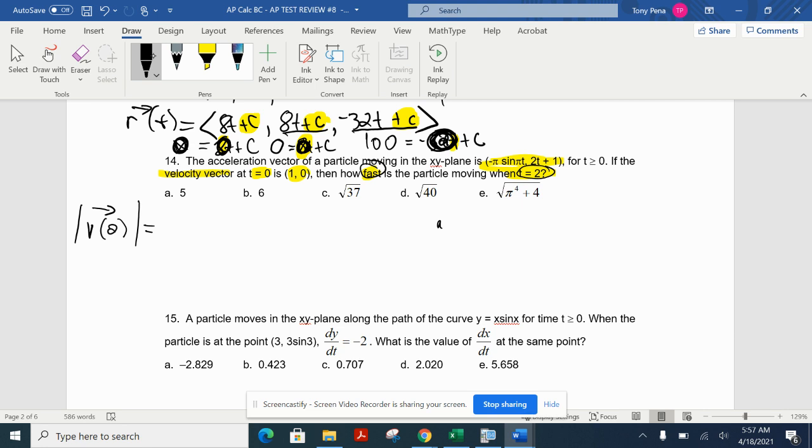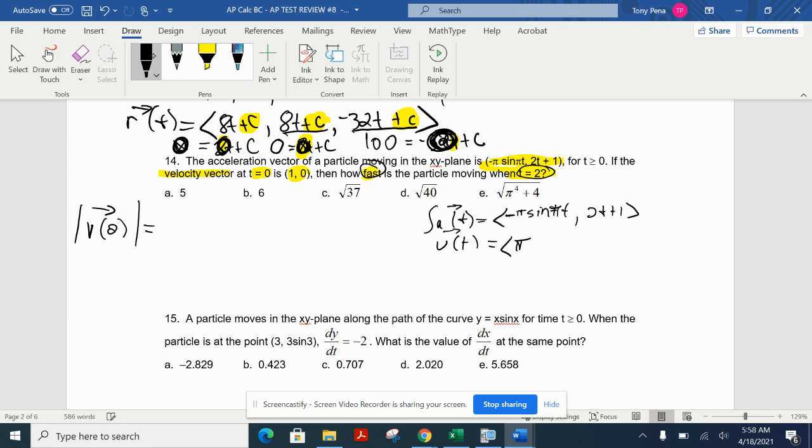So if our acceleration vector is negative pi sine of pi t, comma, 2t plus 1, then we need to take the antiderivative of this. Let's drop the pi first.